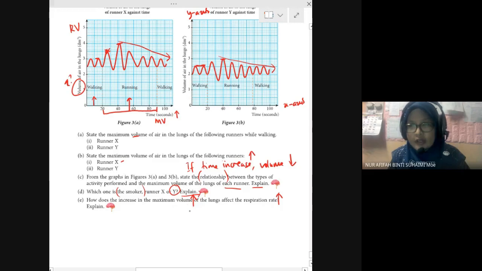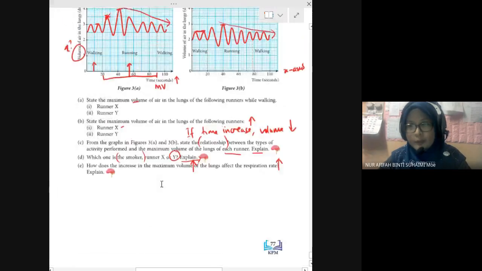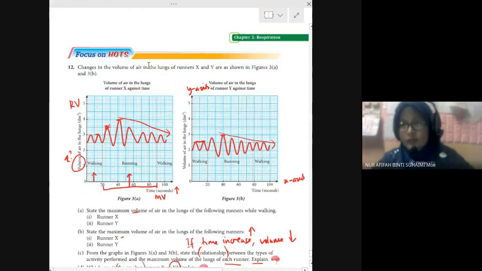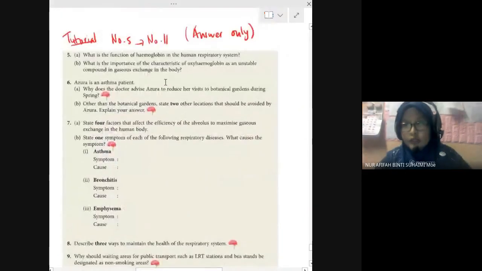If we have enough air, enough oxygen, so the respiration rate will increase, will stable. Kena faham dulu soalan betul-betul baru jawab. Okay. Jadi kita stop dekat sini. Saya nak you buat tutorial tadi number 5 until number 11.